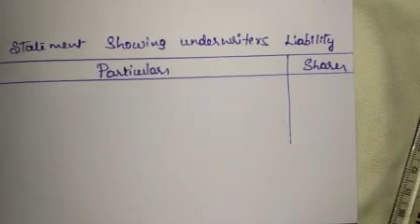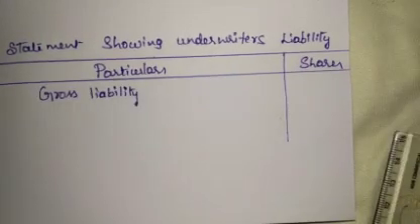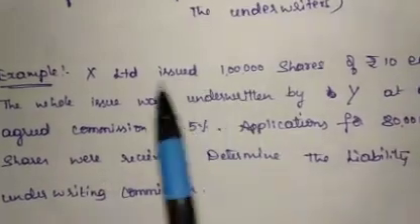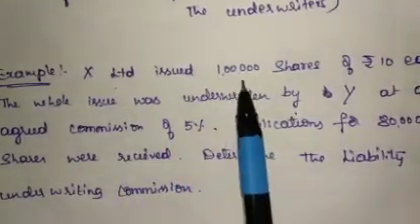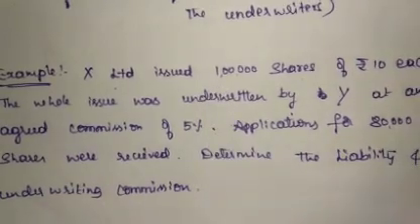First we have to write gross liability. Gross liability means the total number of shares issued and required to be taken up. And how many shares does the company issue? X Limited issued 1 lakh shares. So gross liability is to take up 1 lakh shares.